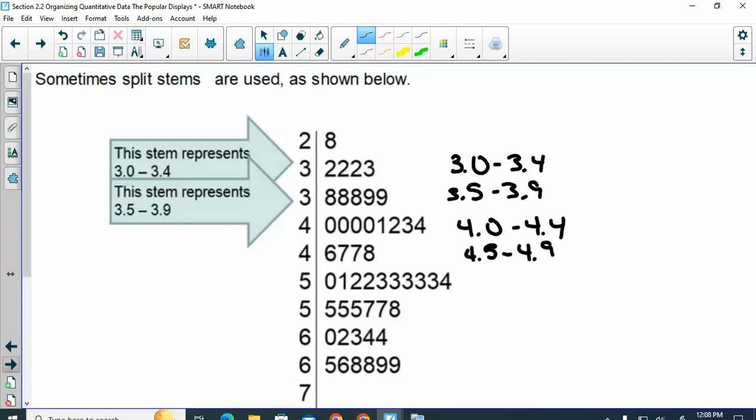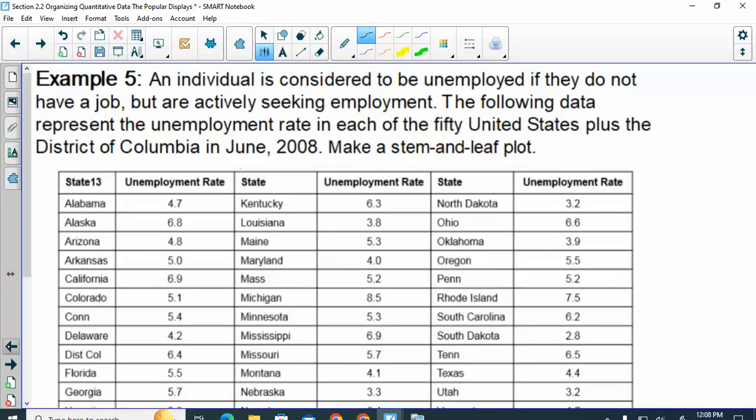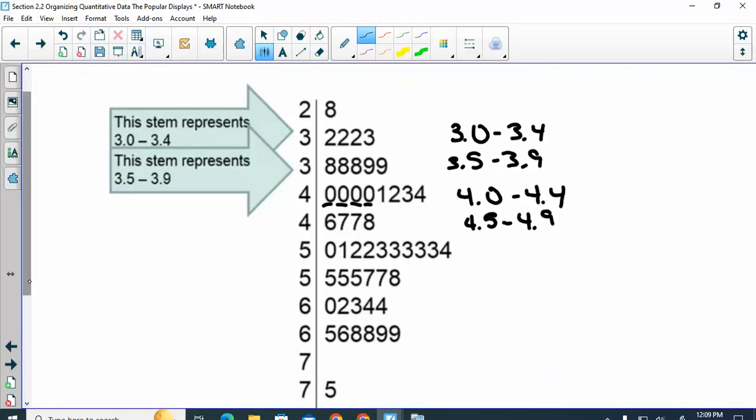On a stem and leaf, if you have multiple values that are identical, you notice we have 0 4 times. So that meant on my original unemployment data, 4.0 showed up 4 times. So you put repeated values. We also put them in order. So I have all my zeros and my 1s, 2s, 3s, 4s.